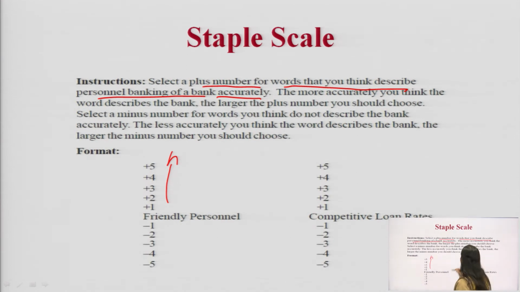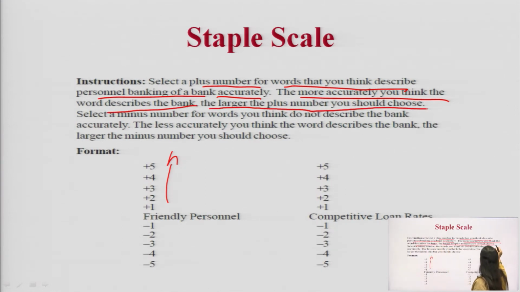But the more accurate you think the word describes the bank, the larger plus number you should choose. It means that if you think the response is more accurate, then you choose the higher positive value.